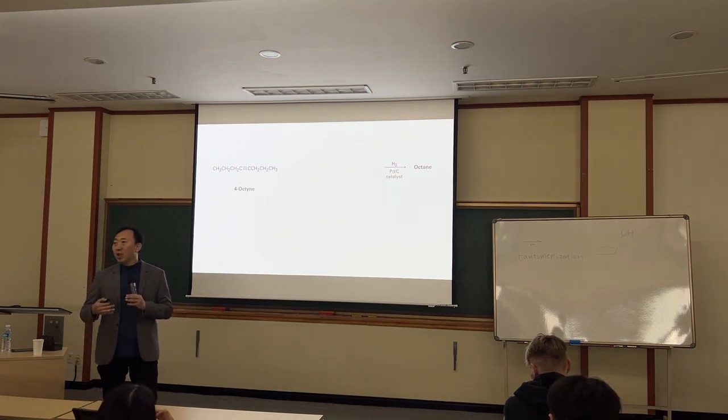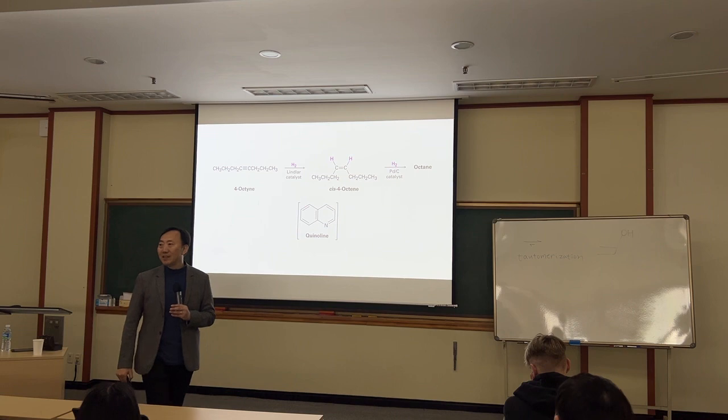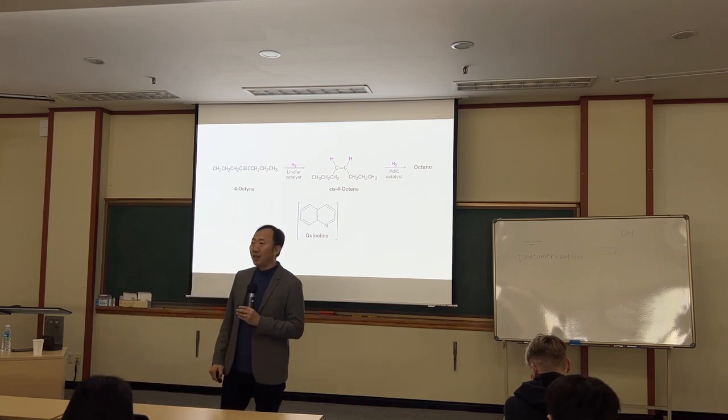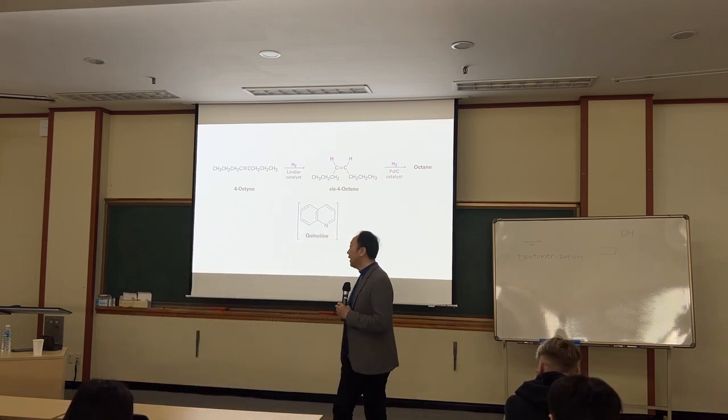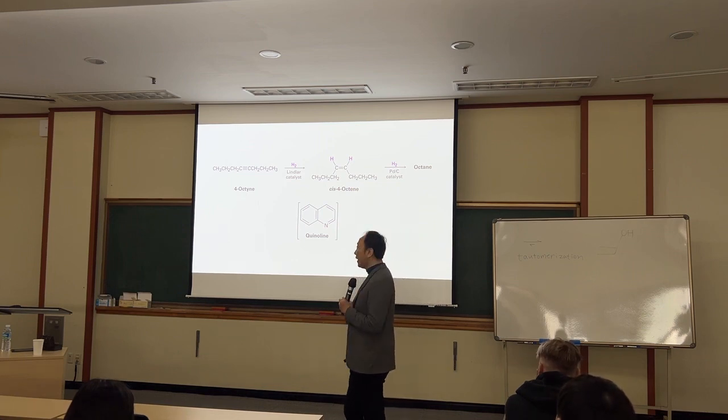Now we need to reduce the activity of the catalyst by adding something like quinoline or lead acetate kind of reagent. This is kind of a poison of the catalyst. The catalyst is still working, but its reactivity is reduced.